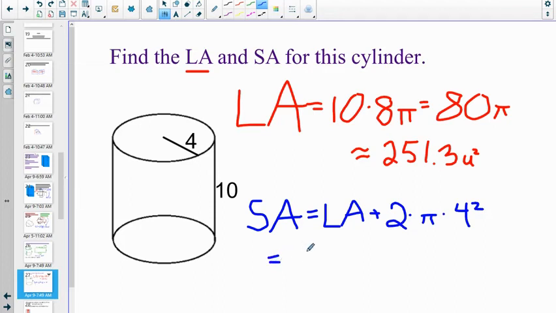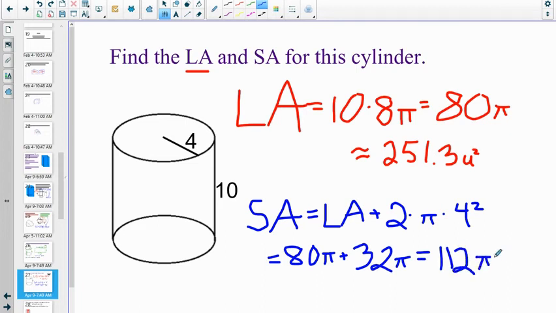So my exact answer, my lateral area I found already was 80 pi. And I've got 2 times 16, I've got 32 pi. And 80 pi plus 32 pi will be 112 pi. That would be my exact answer.